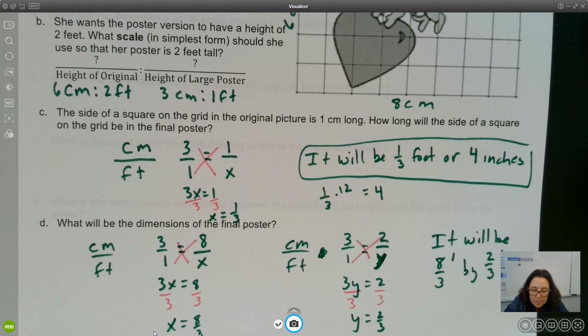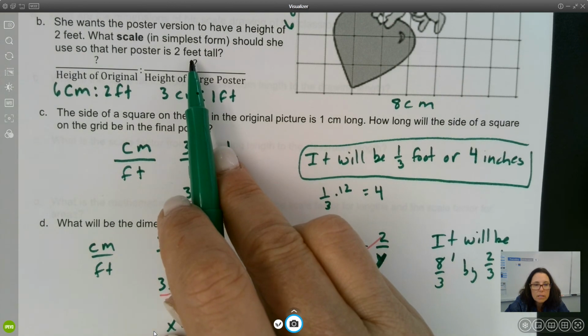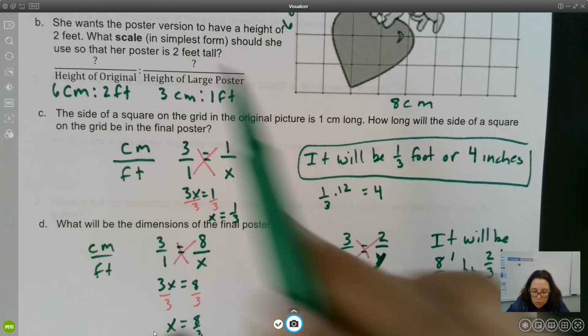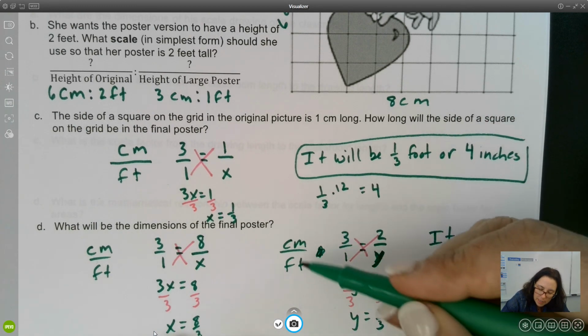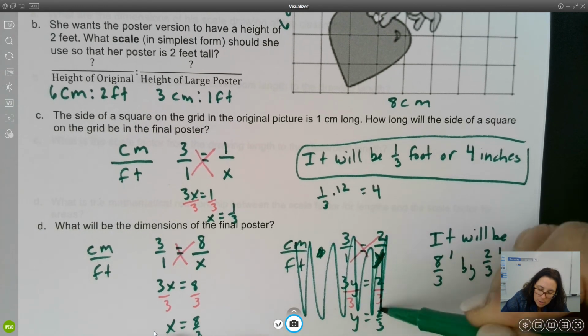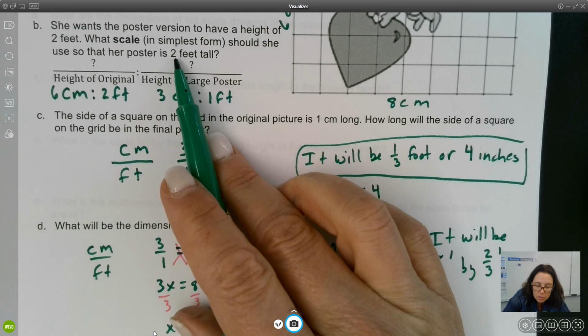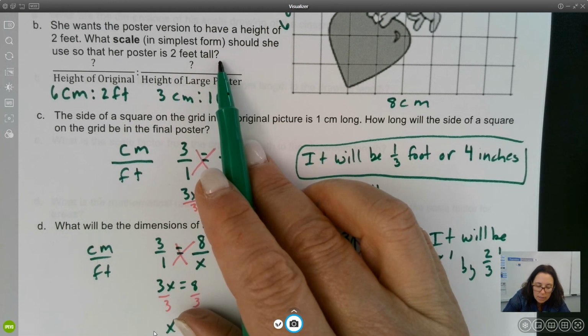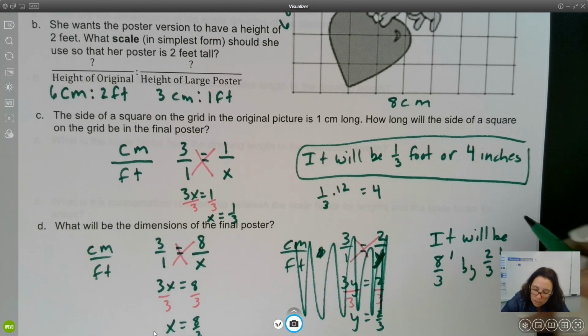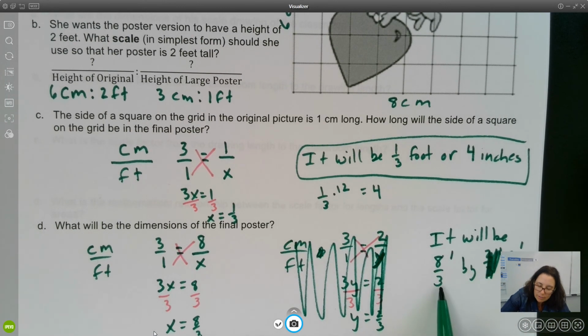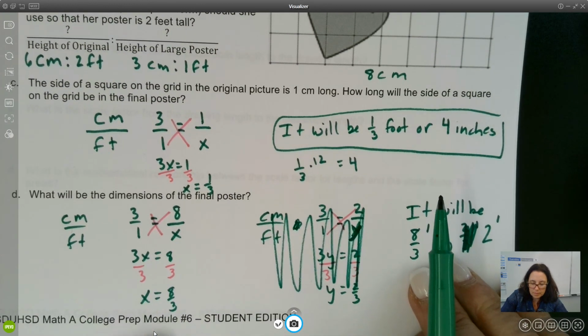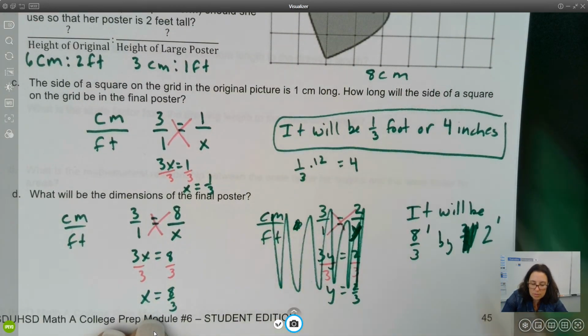Oh, hang on. So they want the 2 feet. They want it to be 2 feet. So we didn't need, hang on, I'm backing up. We did not need to do this because they gave us the 2 feet tall back here. Okay, they gave us the 2 feet tall. So we just had to find out this down here, this 8/3 for this distance.